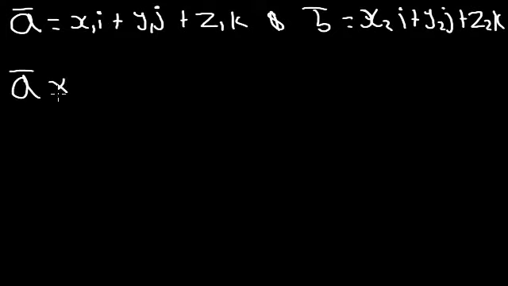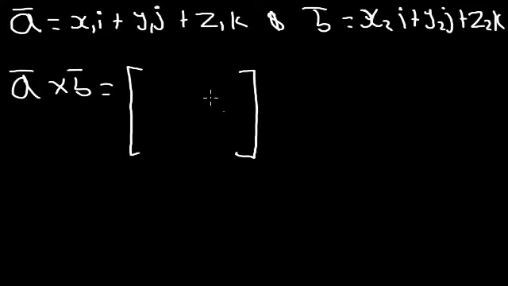To determine A cross B, we need to use some of the knowledge in matrices, typically how to find the determinant of a 3x3 matrix. If it is a 3x3 matrix, we know that it's going to possess 3 rows and 3 columns. So what will be in the first row? Likewise, the second and the third. In the first row, fill with the unit vectors i, j, and k.